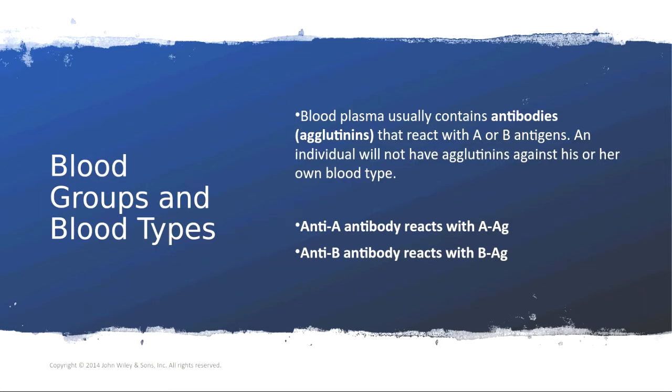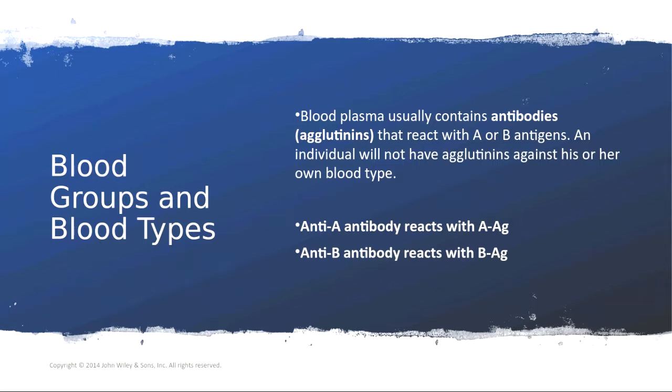In addition to antigens on the surface of red blood cells, our plasma usually contains antibodies, which we call agglutinins. These agglutinins can react with A antigen and B antigen if we mix them together.